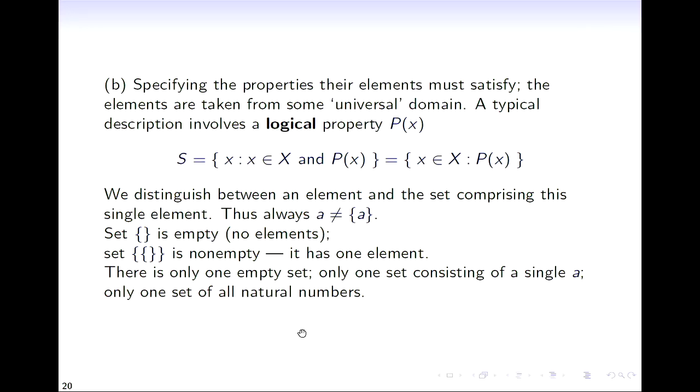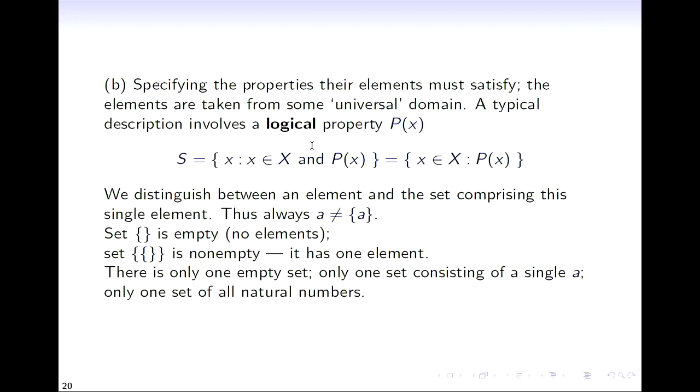The probably more useful way of specifying sets, which you would normally use when you specify properties of programs or you provide specifications of a problem, is that rather than explicitly listing all the elements, you would specify the properties that the elements of a set must satisfy. If you do this, then typically the elements are taken from some universal domain, where this universal domain is either clear from the context or it is specifically stated where these elements should come from.